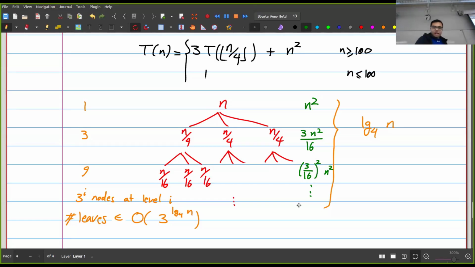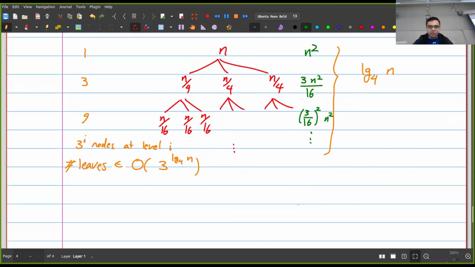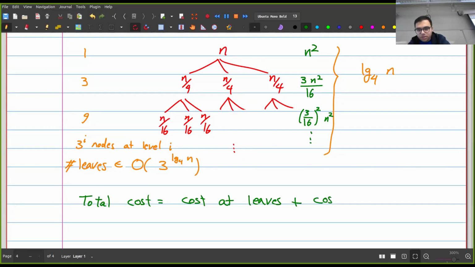So if I sum everything up, what is my total cost? My total cost is going to be the cost at the leaves plus the cost at the non-leaf nodes. Let's call them internal nodes. And the cost at the leaves is 3 to the power of log base 4 of n.